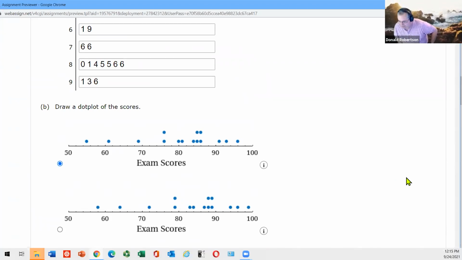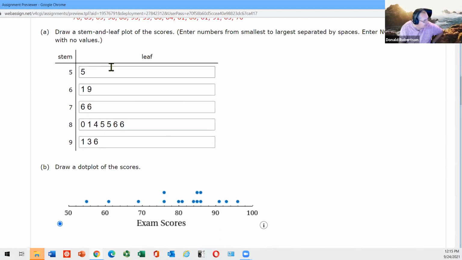If I had 2 diagrams where the first number was right, wouldn't I move to the next number, which is 61? Would you agree that dot's at 61? And then the next number was 69. Would you agree that dot is 69? Now, when I look at this dot plot and I look at this stem and leaf, in my brain, isn't it a bit easier to see the shape of the stem and leaf?